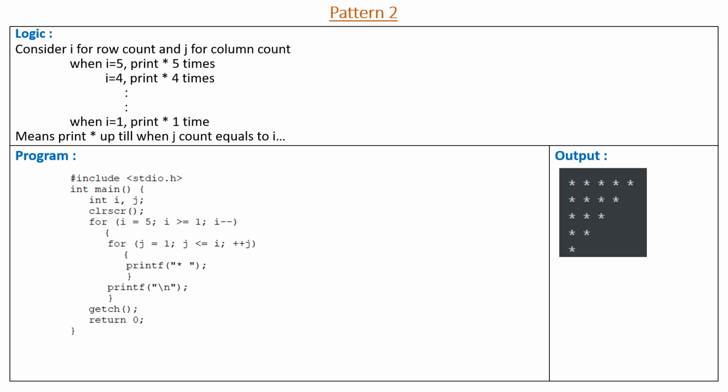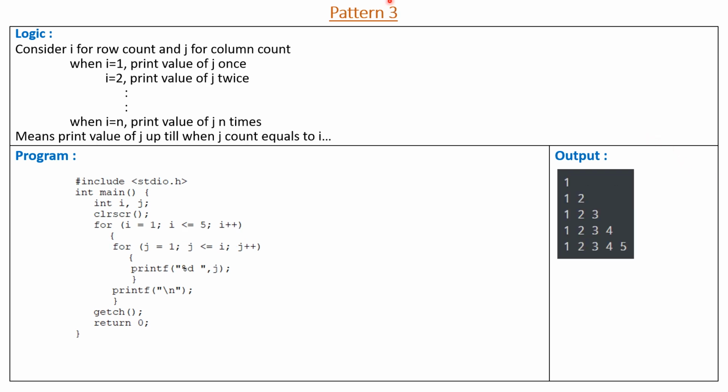Now we will go for the next pattern, pattern 3, the half pyramid which has the digits. The logic behind this is when i equals 1 print the value of j once. When i equals 2 print the value of j twice. Similarly when i equals n print the value of j n times.